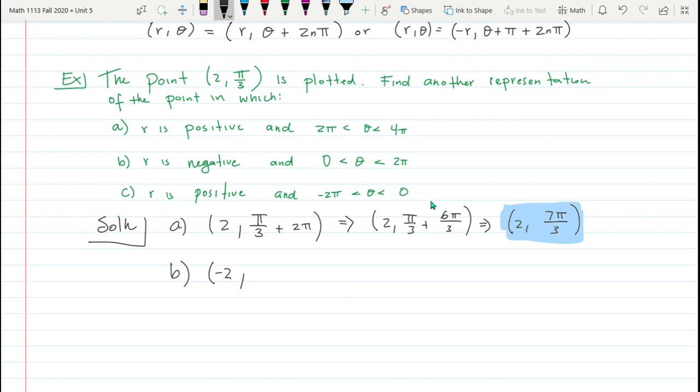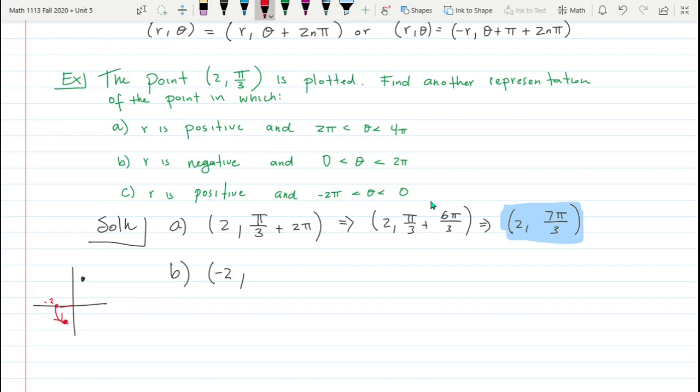So let's kind of cheat real quick and get an idea as to where my point is. So my point is somewhere over here, right? The original. But this one has to have negative radius. So here's negative 2, and if I open up to pi over 3, I end up right there.